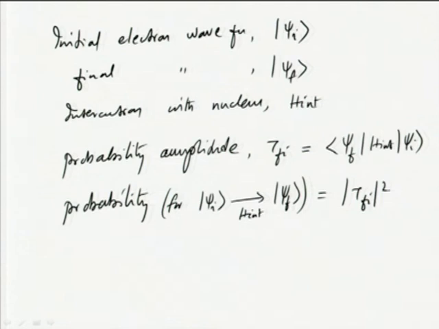So, this is basically the quantum mechanically schematic way of writing the transition of the electron state when it scatters off a nucleus or encounters any such nuclear potentials or any such potential in fact.